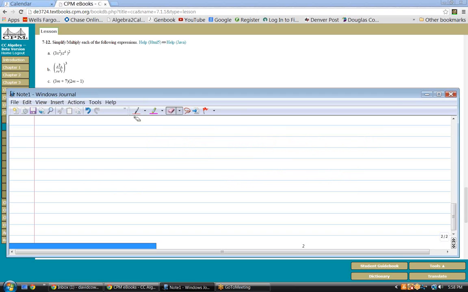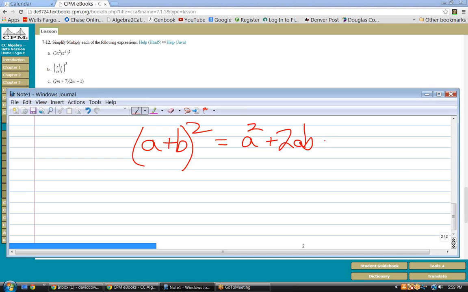Now, unless I gave you some rules the other day, there is a nice thing to remember. Without having to FOIL this every time, it's nice to remember that that's always going to be that. And the other half of that to remember is the subtraction.